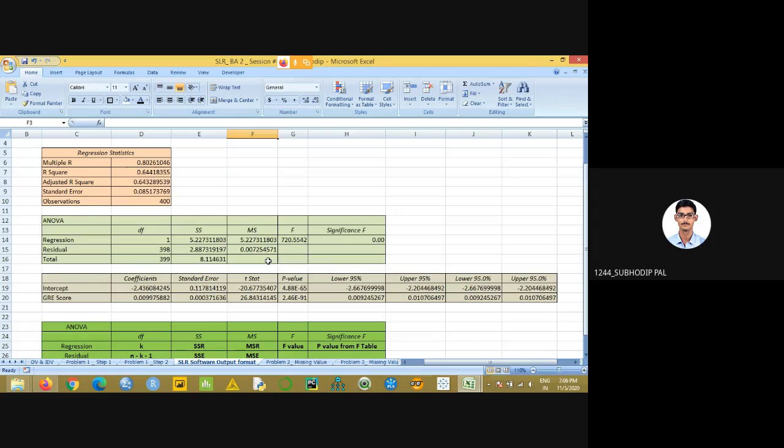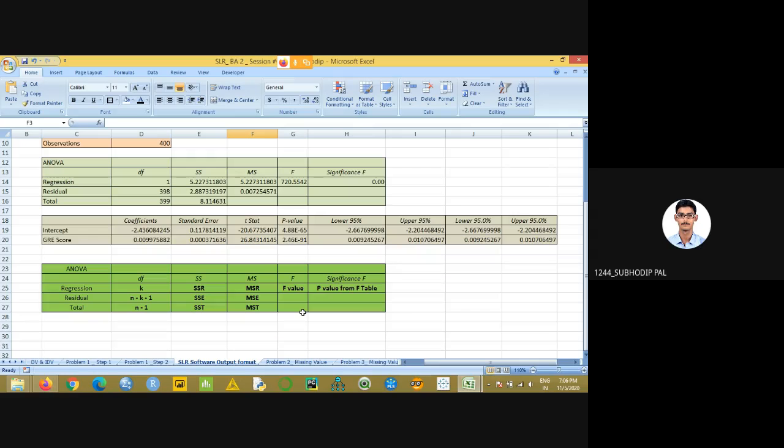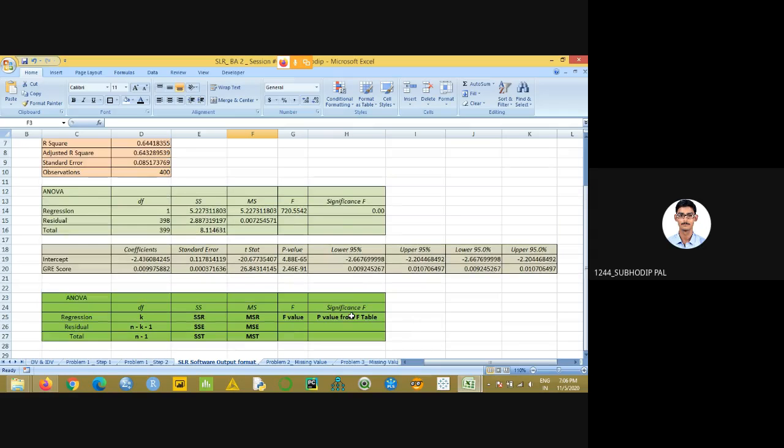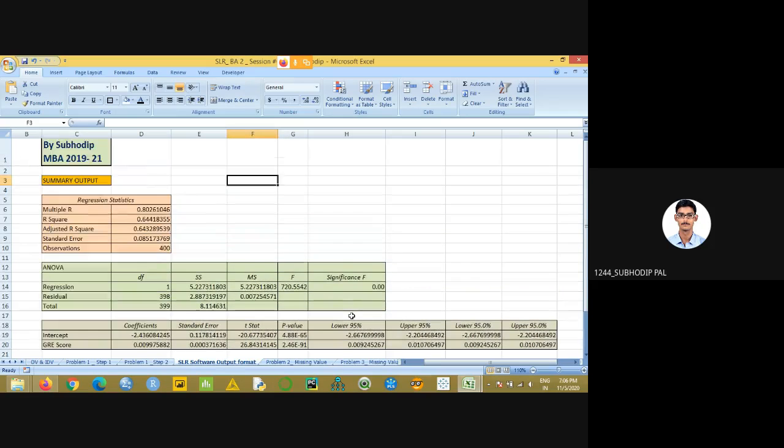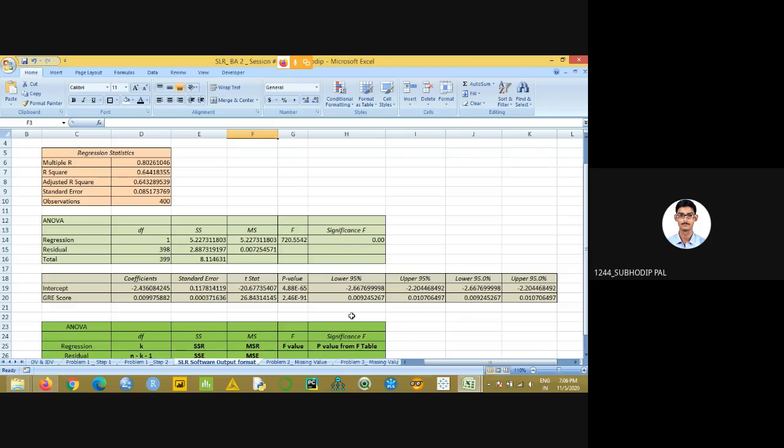I had one data set. The dependent variable was the chances of admission, and the independent variable was GRE score. There are two variables in the data set. I took chances of admission as my dependent variable and GRE score as my independent variable.